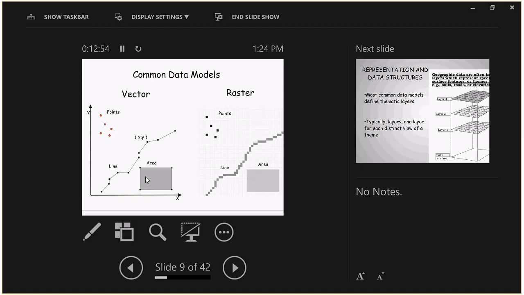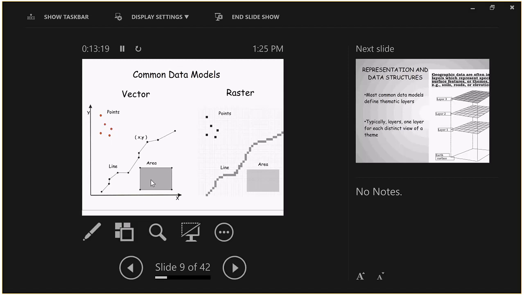And ultimately, at some level of detail, most rivers would be better represented as an area, or most roads for that matter. So the level of detail has a lot to do with how it gets represented, whether it's a point, line, or an area.